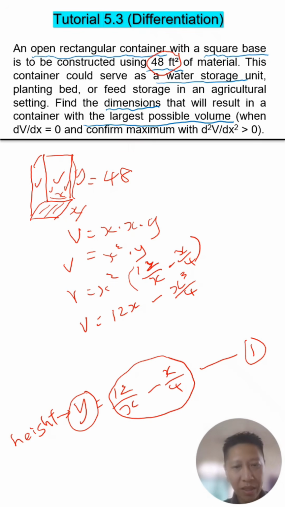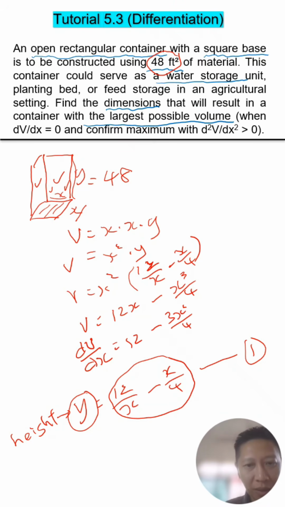So the next step is we want to find the maximum or minimum of the volume. So we're going to differentiate volume with respect to x here. So we have 12 minus 3x to the power of 2 divided by 4. In order to get a minimum or maximum, the derivative of the function needs to be 0.